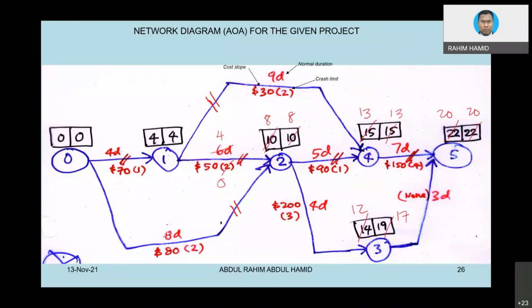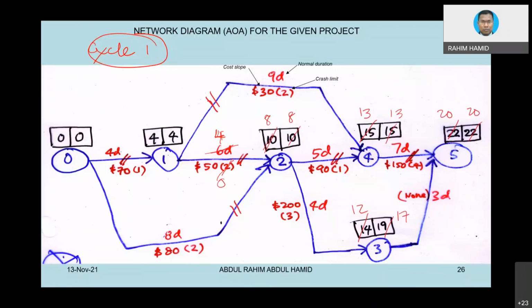Okay, now let's say this is cycle number 1. It looks like I choose activity 1, 2. So what happened is that I just slash this one from the original 6 days into 4 days because I reduced the activity by 2 days. And then I cannot use this to reduce this activity anymore because the limit is only 2 days. Okay, now I have to do the calculation.